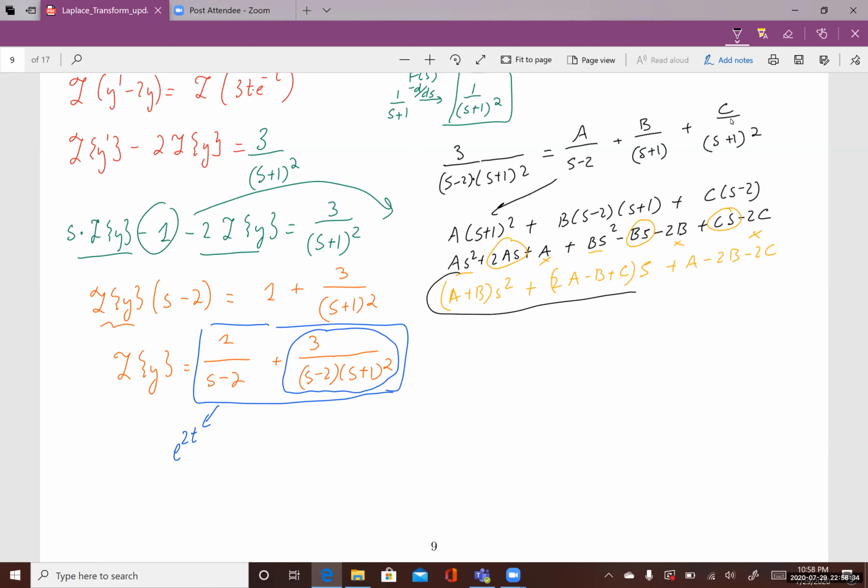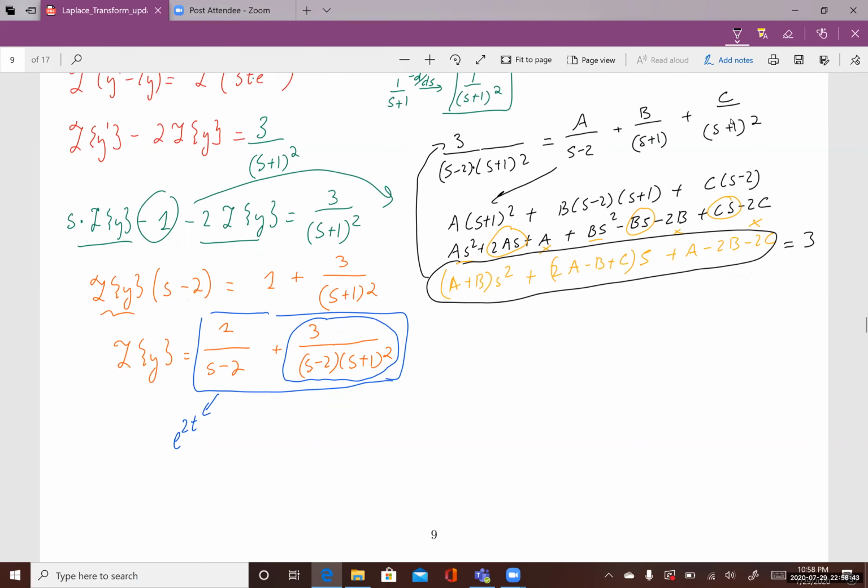We found the numerator, and we need to force this numerator to equal 3, which means this term has to be equal to 0, right? This term has to be equal to 0, meaning A plus B has to be equal to 0.